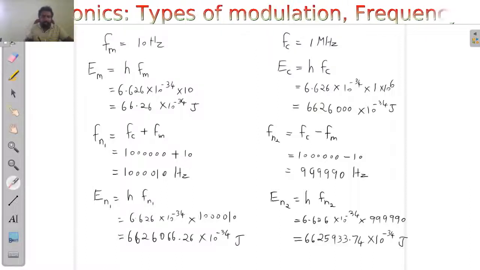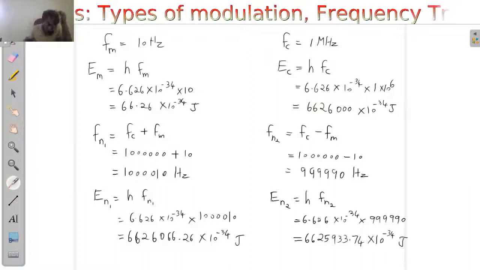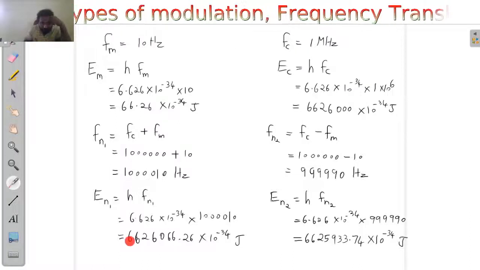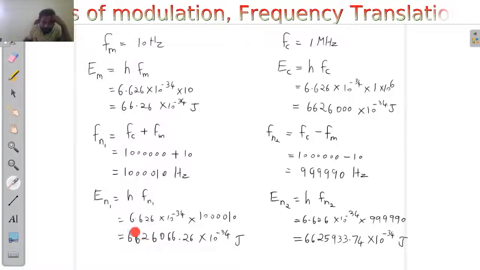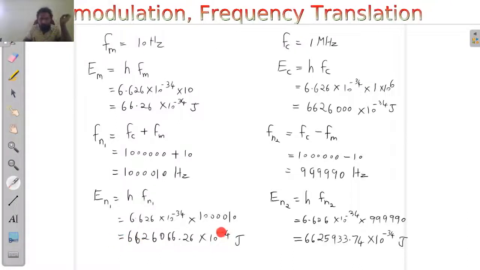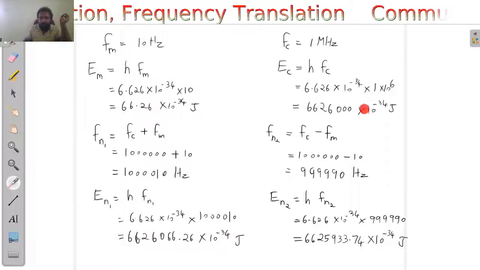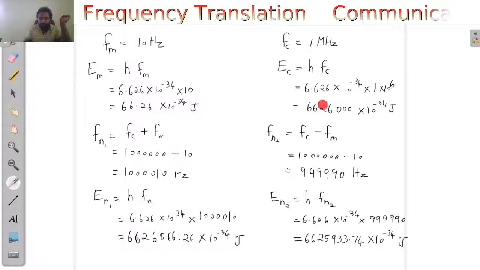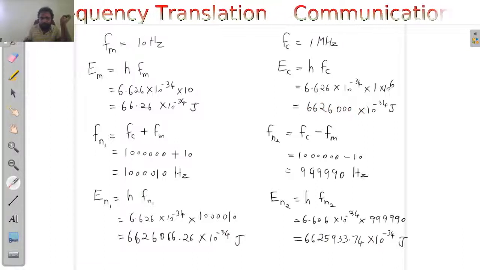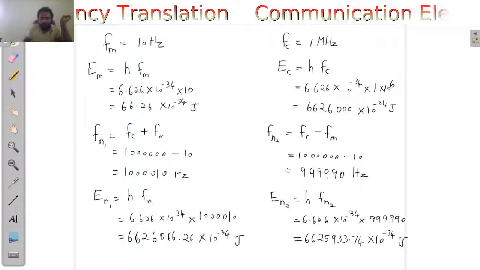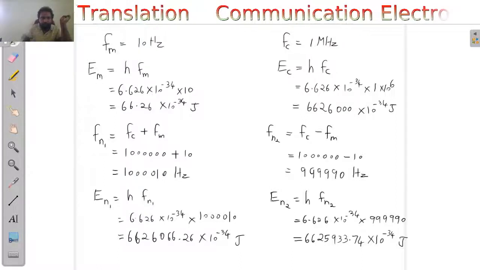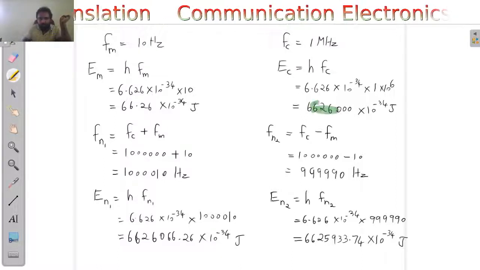Thus, we can see that effectively after frequency translation, we have taken the energy of the message signal and translated it to the range of the carrier's energy. See, the carrier's energy is like this. This is the carrier's energy.